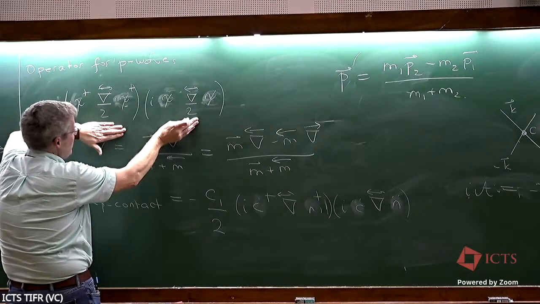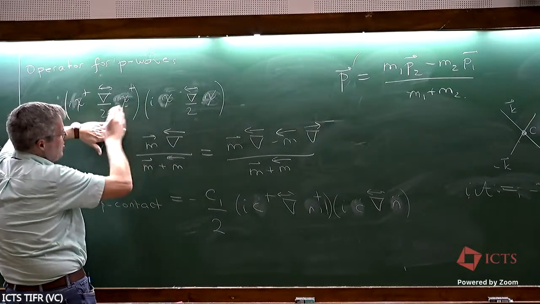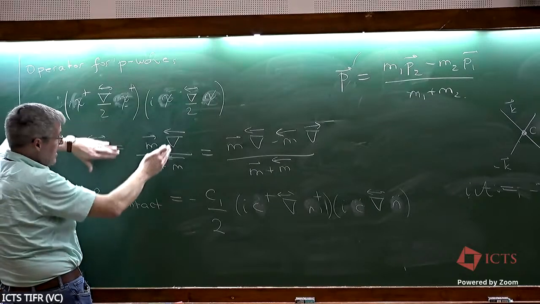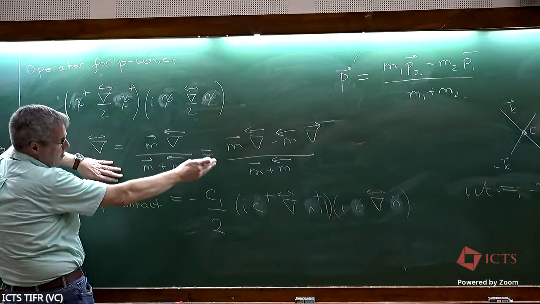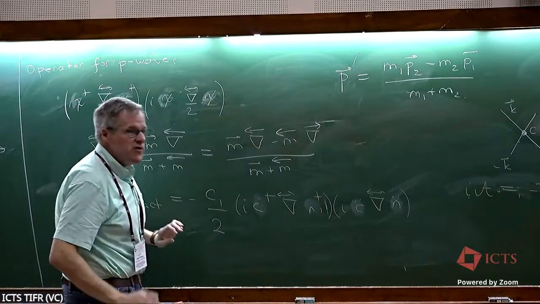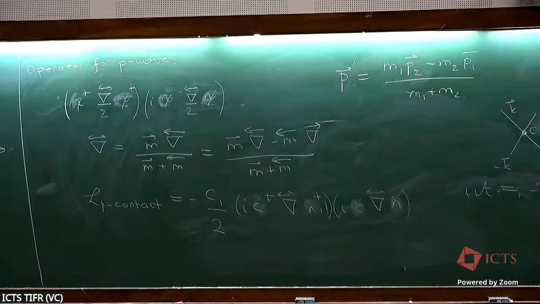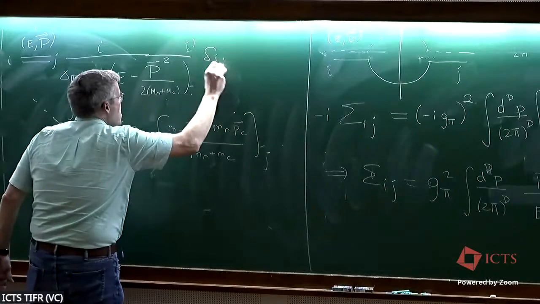So I'm going to divide by 2, and then this is the relative momentum for equal mass particles. And if I want to generalize that to unequal mass particles, I have to do this. That is true, yes. It's a good comment. Thank you.